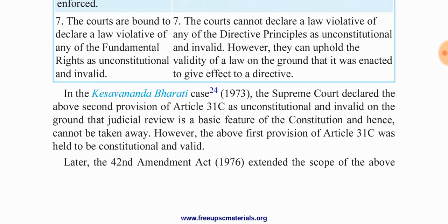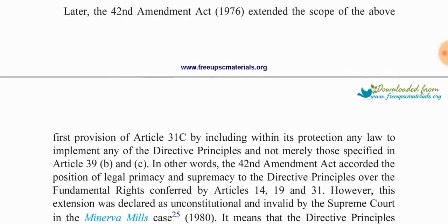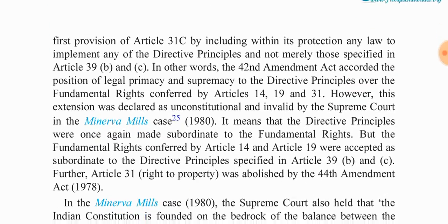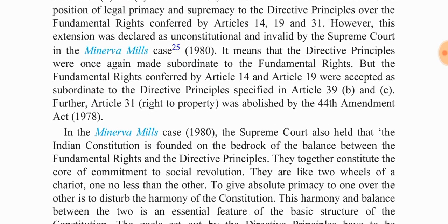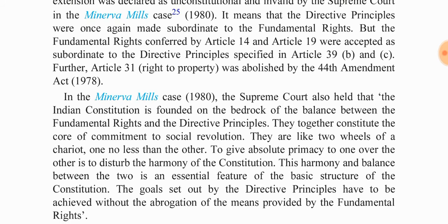Later, the 42nd Amendment Act of 1976 extended the scope of Article 31C by including within its protection any law to implement any of the directive principles, and not merely those specified in Article 39B and 39C. Then comes the Minerva Mills case in 1980, and it means that the directive principles were once again made subordinate to the fundamental rights.